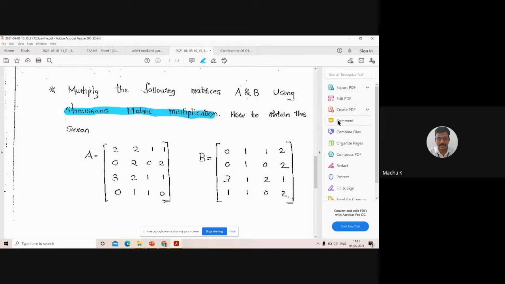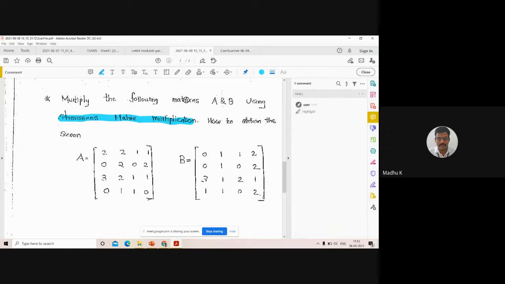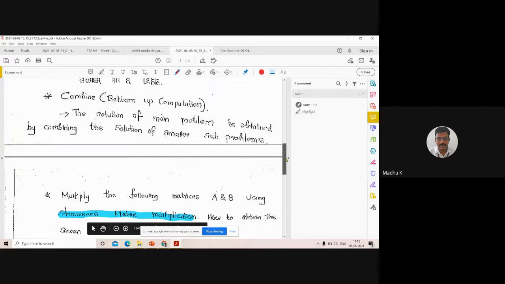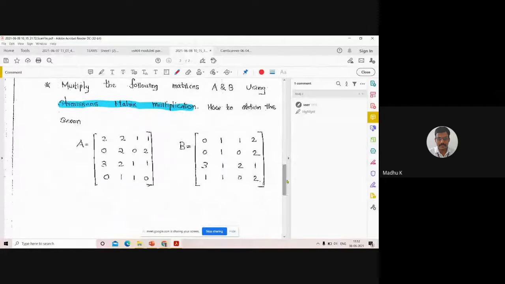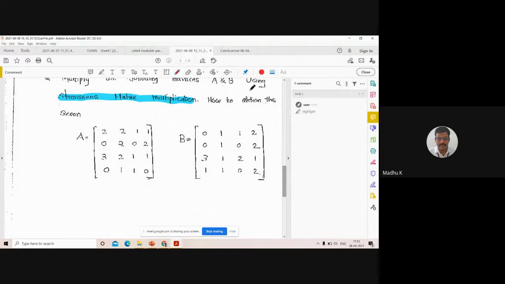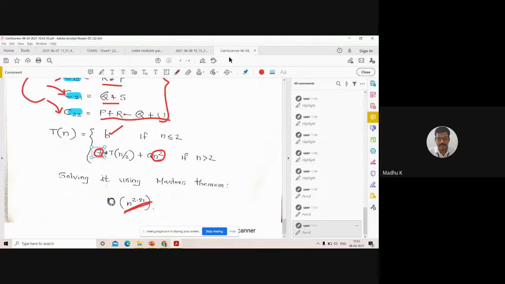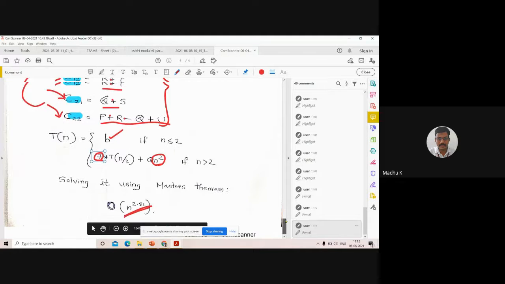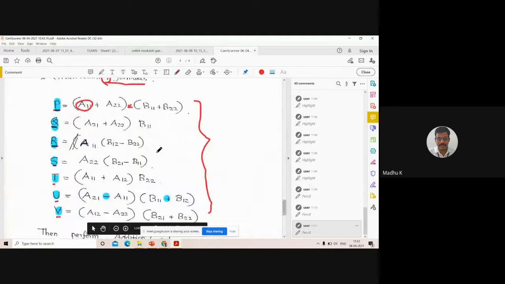Then we want to perform the matrix multiplication using Strassen's matrix multiplication. I will give it as an assignment. Use this approach.